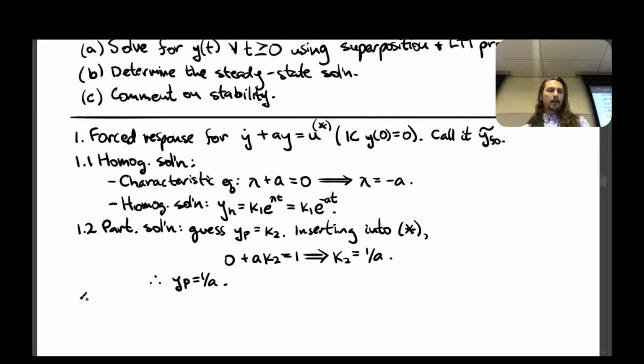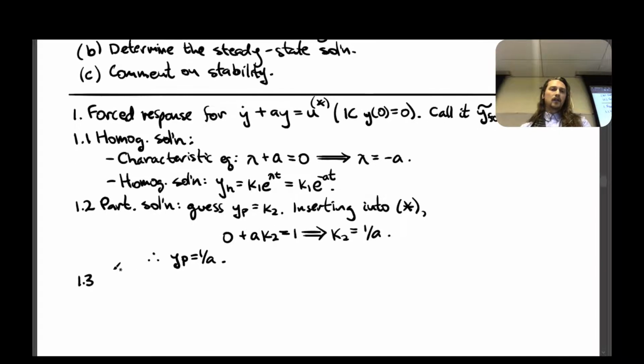All right, 1.3. Let's do the general solution. The general solution is always going to be y g equals the homogeneous solution plus the particular solution, so y h plus y p.